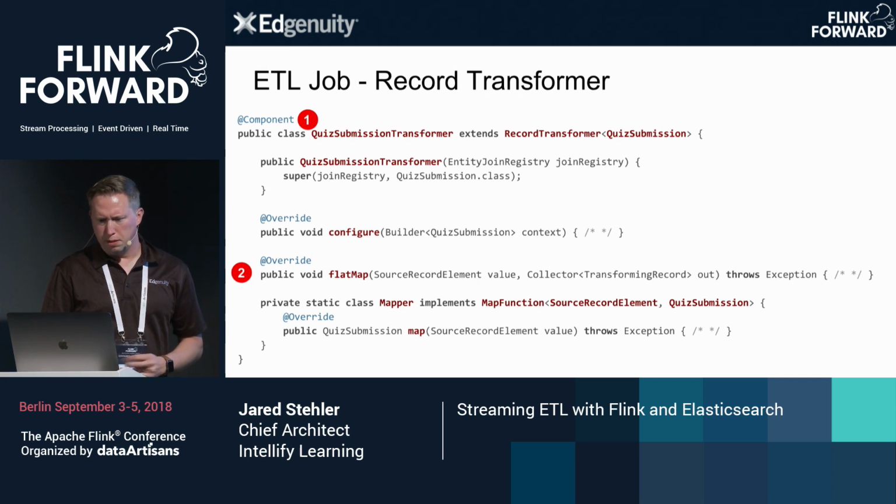We define that flat map that I mentioned before. There's a configure step where we're allowed to add our join definitions into the transform context, as well as specify if it's an update or an append. And then finally, this is the mapper function that actually takes the source record that has had all of its joins fulfilled and maps it into a quiz submission.